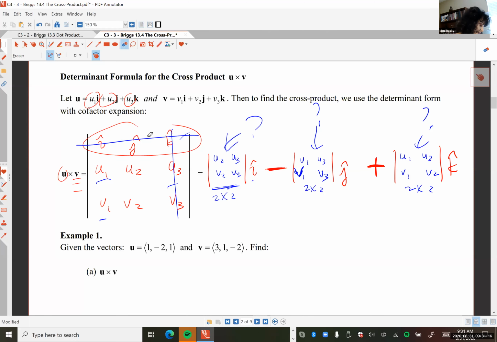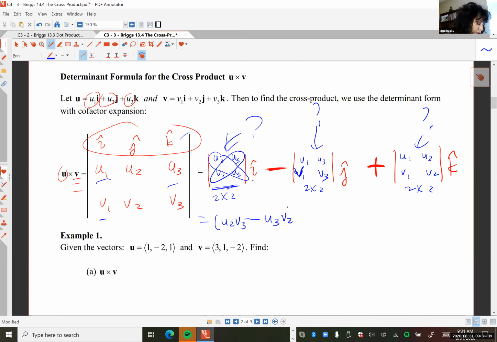Now what? You still have work to do, I'm not done. It's easy to find the determinant for a 2 by 2 matrix. You simply multiply the two numbers along the major diagonal, and this is key, whatever u2 times v3 is, minus the product of the values that live on the minor diagonal, u3, v2. That's going to be a pure number. Multiply that pure number by i hat.